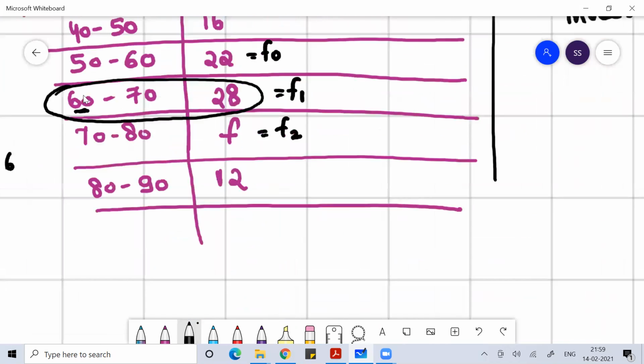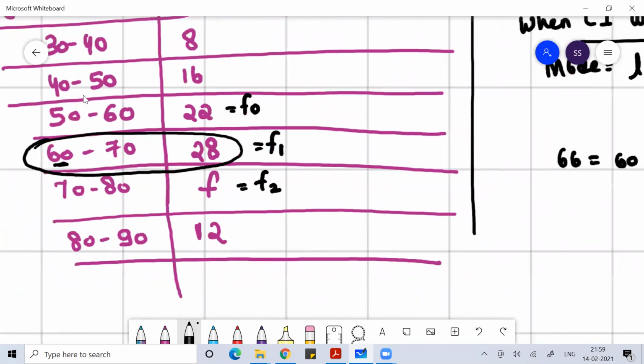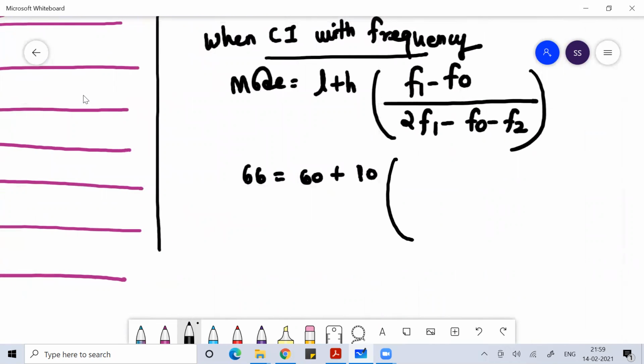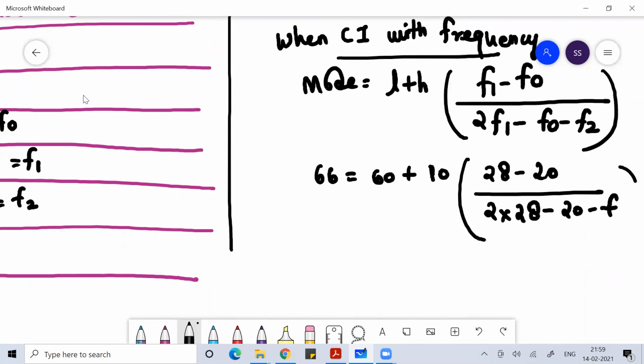L is 60, height is 10, f1 is 28, and f0 is 20. Then 2 into 28 minus 20 minus f.